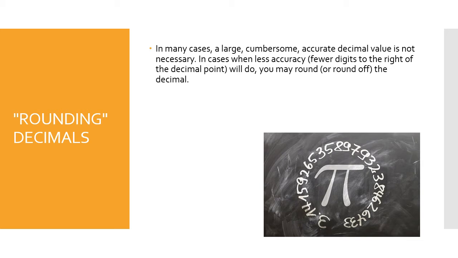For most people, maybe you're shooting something to the moon, you need to take pi out to 10 digits. But for the most part, 3.14 is close enough. I'm just using this as an example, and it's just what degree of accuracy you need, and then it's going to tell you what you need to do from there.